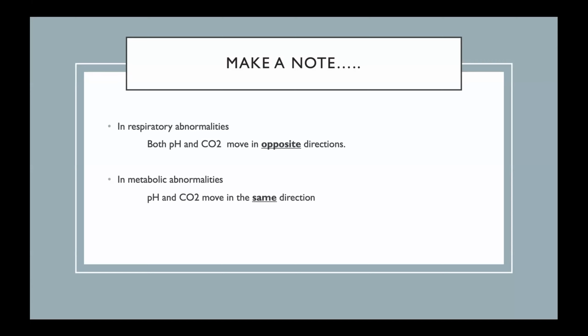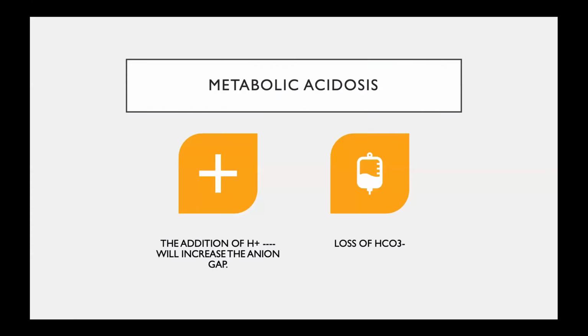So metabolic acidosis, addition of acid will increase the... We are entering a new topic. What is metabolic acidosis? It could be addition of H plus or loss of bicarbonate, right? Addition of hydrogen ion might increase the anion gap.